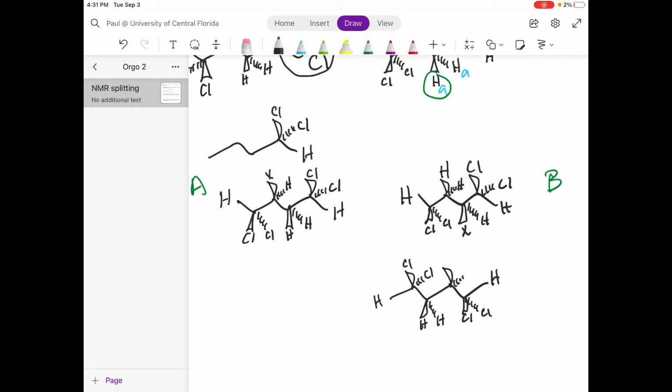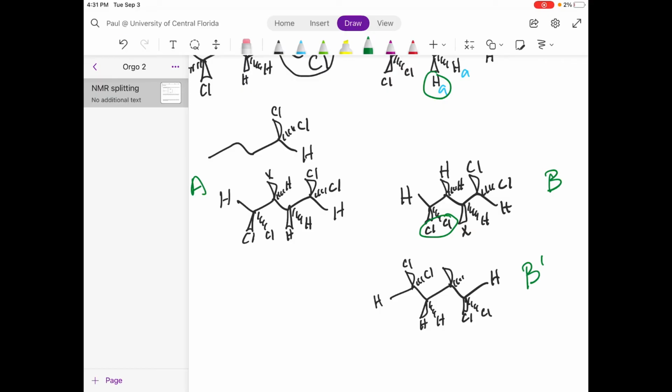So let's just label this so you can see how I flipped it. I just took this whole molecule right here. So these chlorines right there are those chlorines right there. I just flipped it 180 across the horizontal axis. So now we have B prime.